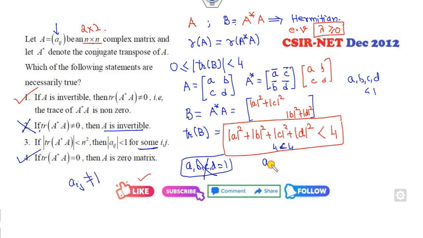I assume Aij is greater than 1 for some ij. No, for all ij. Because I need to prove for some ij. If I assume Aij is greater than or equal to 1 for all ij, then this inequality will be greater than 4, which is not satisfied. So that means this case is also not satisfied. Hence, some Aij will be satisfied.